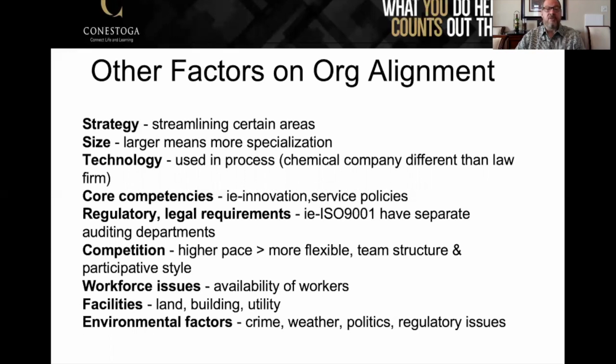Technology of the business, your core competencies, legal or regulatory requirements for the area that you're in, the level of competition in the industry that you're in, the hard facilities that you may have, whether there are workforce issues in your particular business, and any various environmental factors around you that may have a significant effect on the choices that you make.